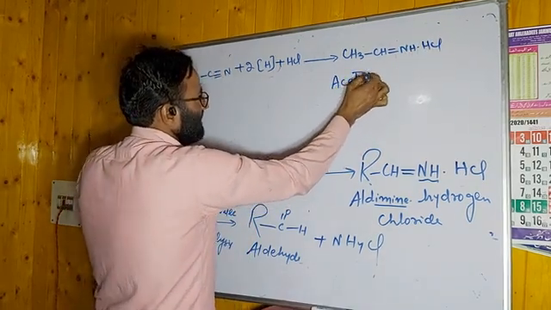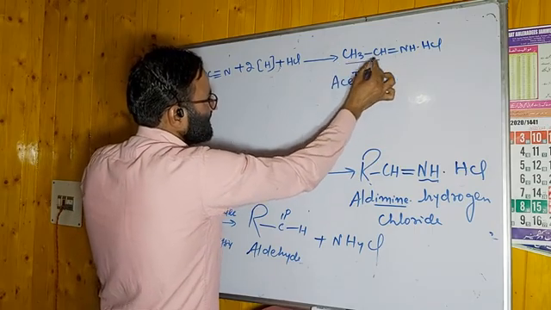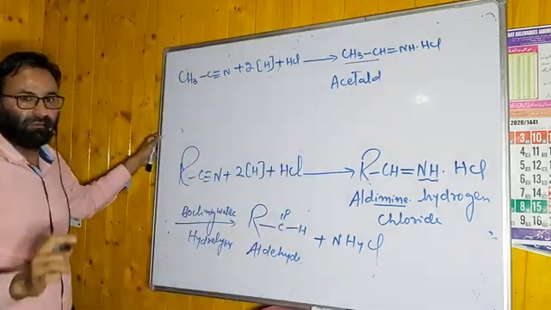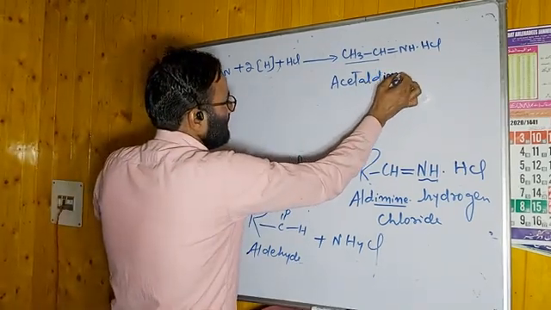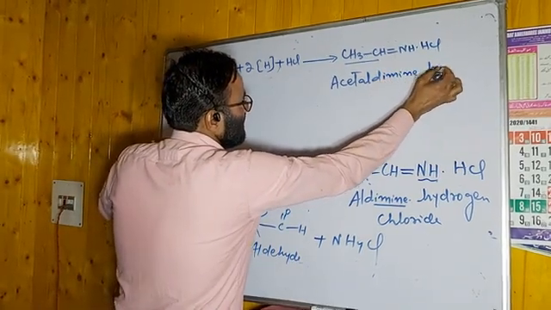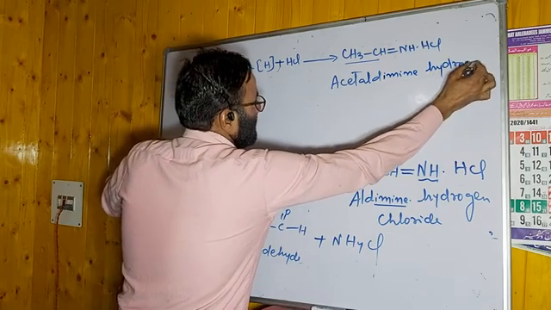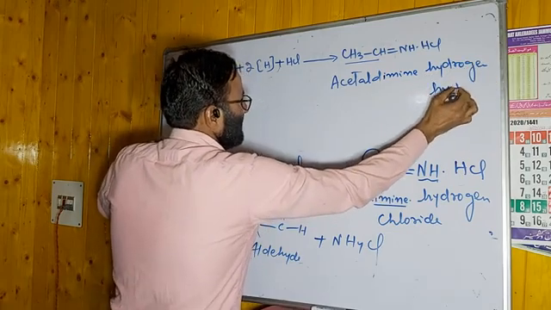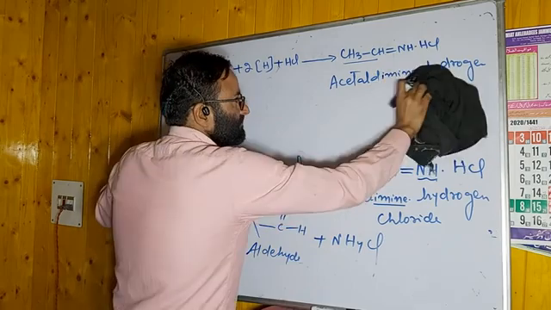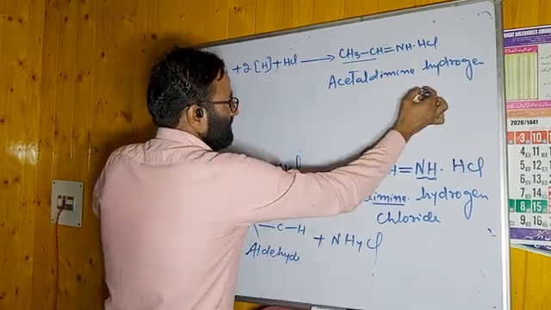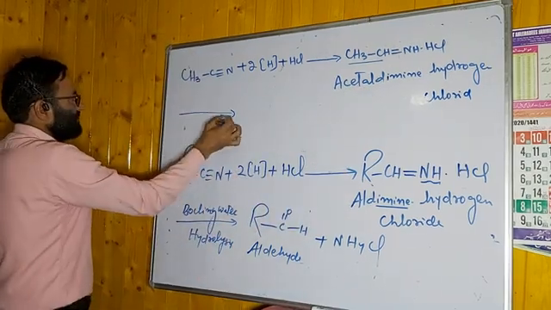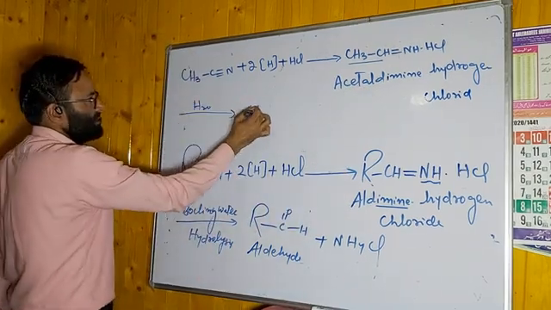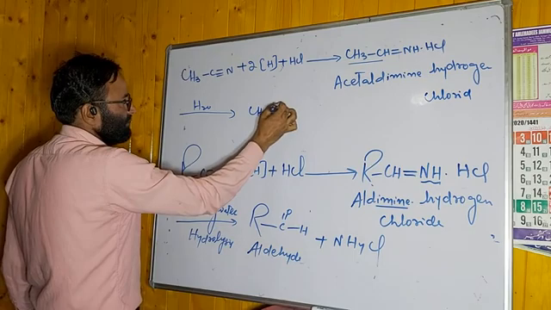Acetal, क्योंकि दो कार्बन है, जिस एल्डिहाइड में दो कार्बन, इसका नाम है एसिटाल्डिहाइड. फिर इसका नाम क्या होगा, एसिटाल्डिइमाइन हाइड्रोजन क्लोराइड.